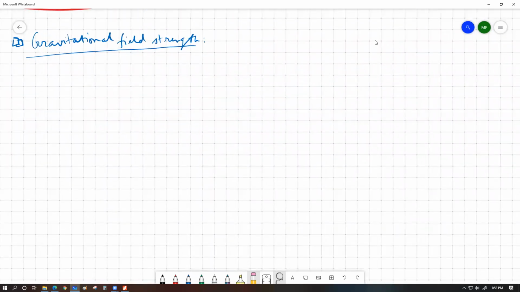Gravitational field strength is actually pretty simple. Whenever you come across the idea of field strength, in almost all cases, the field strength is defined as force per something. The reason I'm writing it in this manner is to give you a bit more generalized idea.